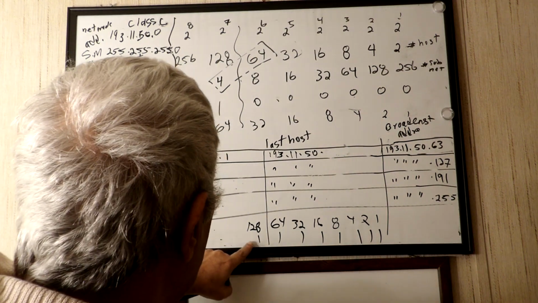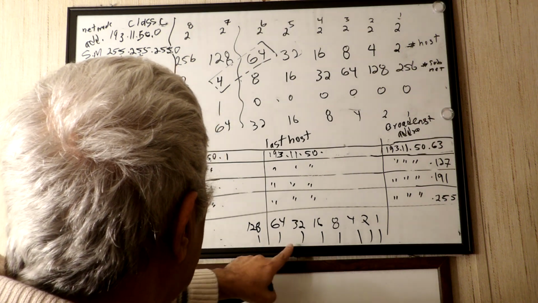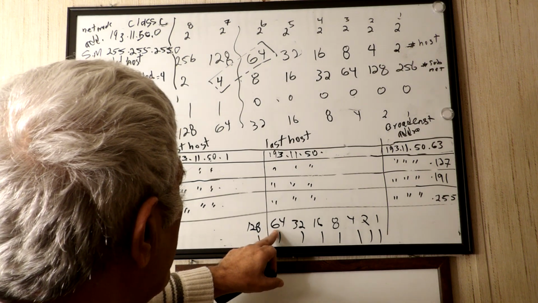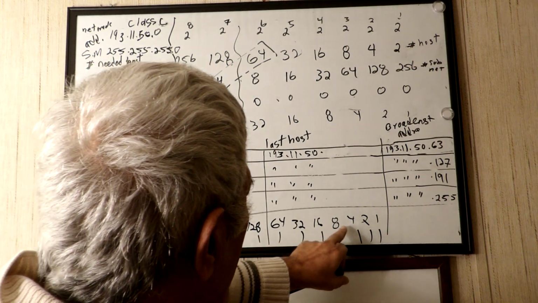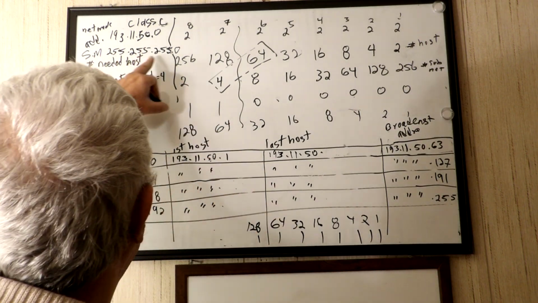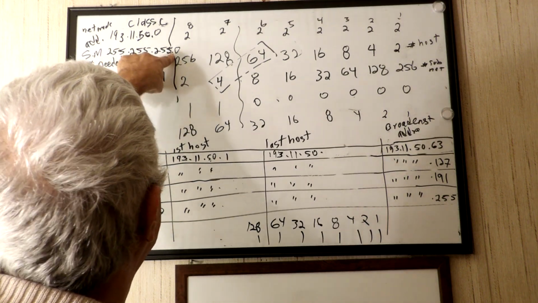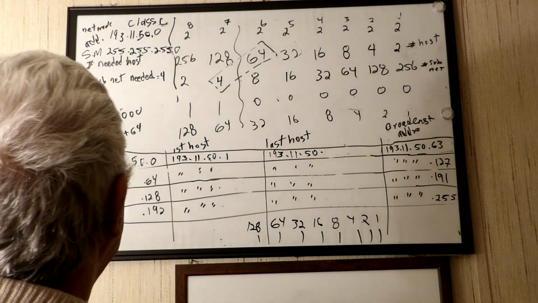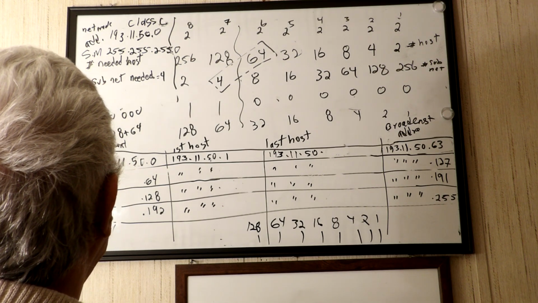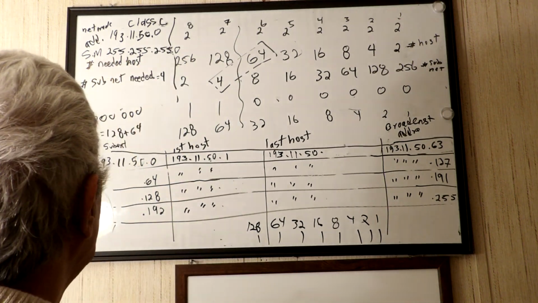You add all this together, and in binary there are eight 1s. 128 plus 64 plus 32 plus 16 plus 8 plus 4 and so on, that's why we have 255. Three of these octets are for the network, and this is for the host. The number of hosts is less than the number of network bits.